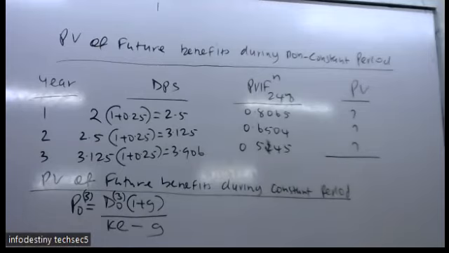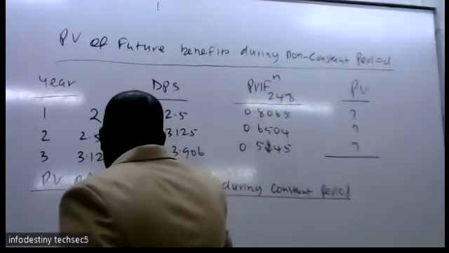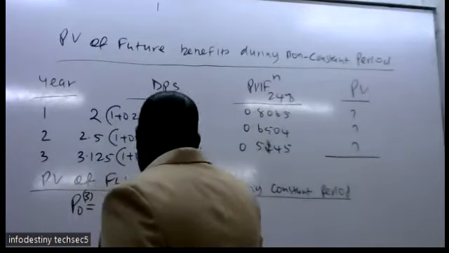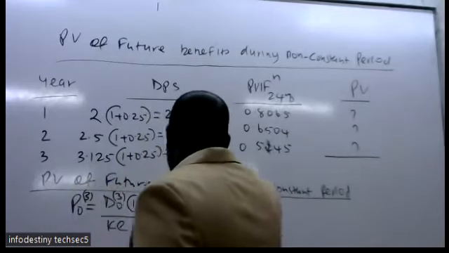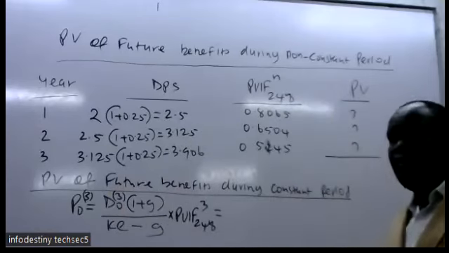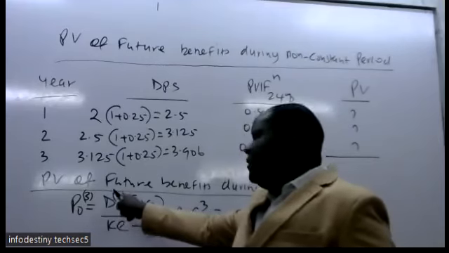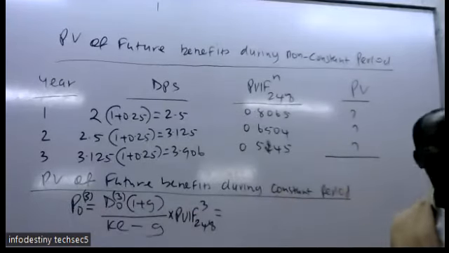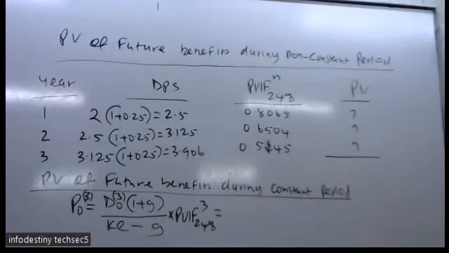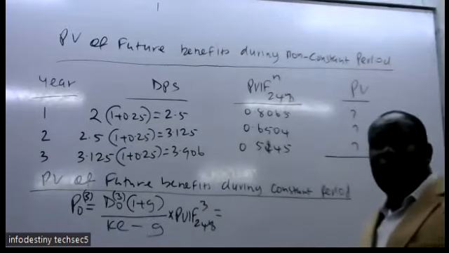So to get that figure in year 0, discount it at the present value interest factor, 24% in year 3, because we are converting it to year 0, but it is in year 3.